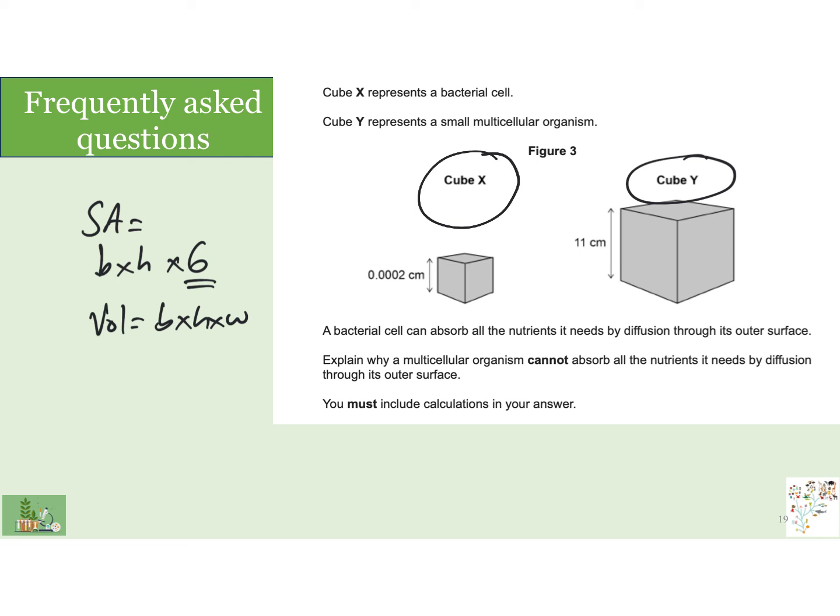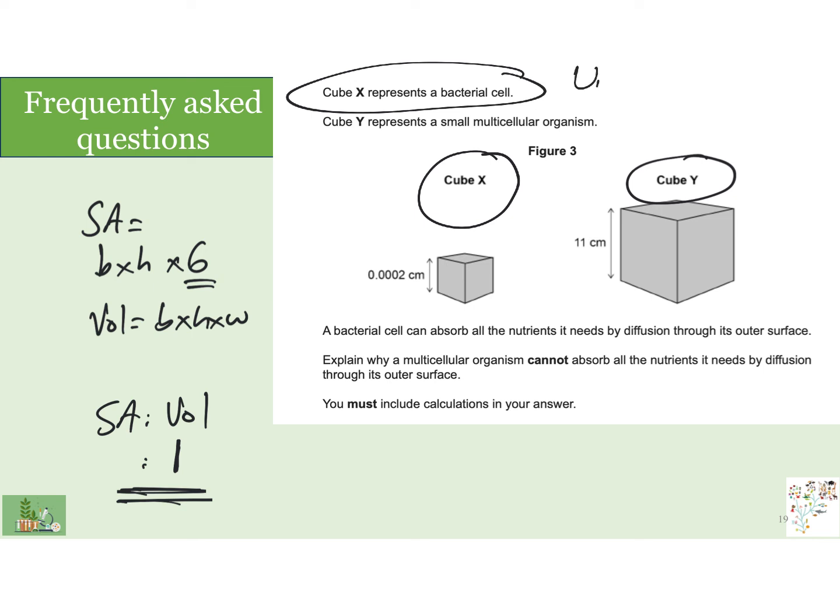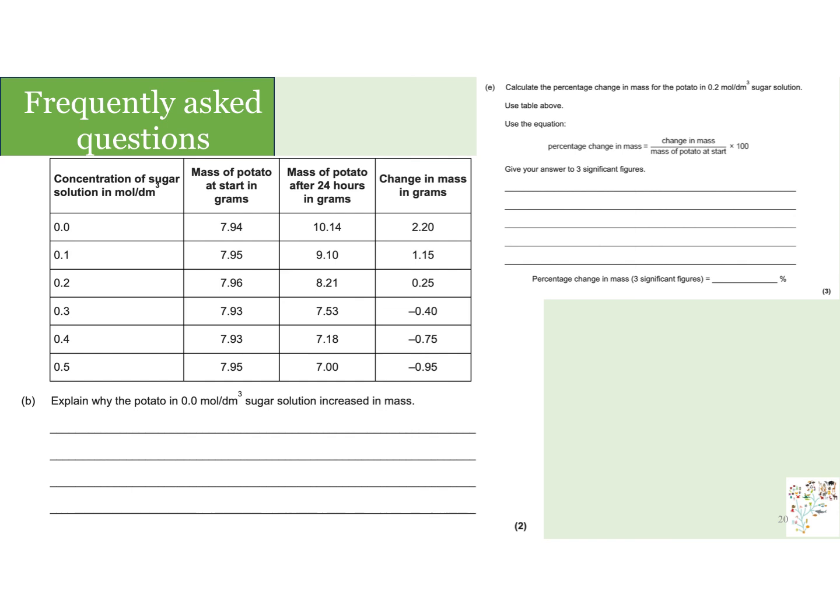So for cube Y, it'd be 11 times 11 times 11. And then you have to put all of them in the ratio, surface area to volume ratio, with volume being 1. And the greater the number for the surface area to volume ratio, the better the rate of exchange, which means they're more likely to be. So cube X is my unicellular organism, cube Y is my multicellular.